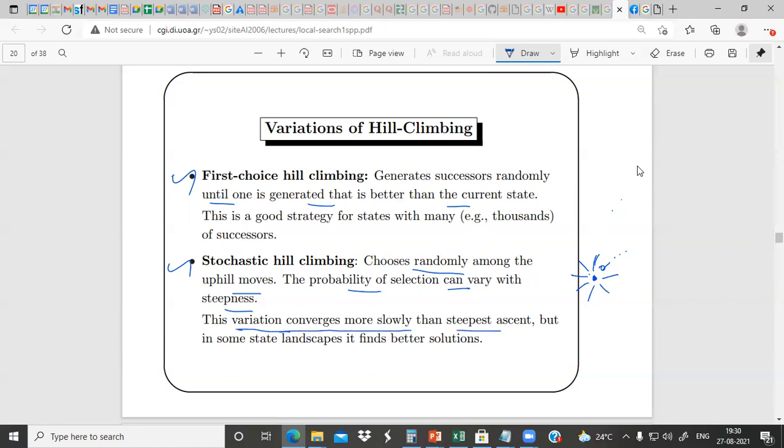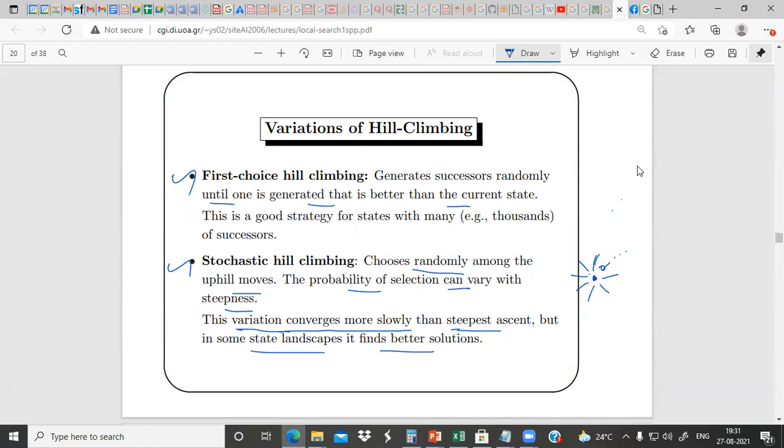Converge means how many steps it takes to reach the goal. So it actually takes more steps to reach the goal state than the steepest ascent hill climbing, which is the original version of hill climbing. But in some landscapes it finds a better solution than the steepest ascent hill climbing.